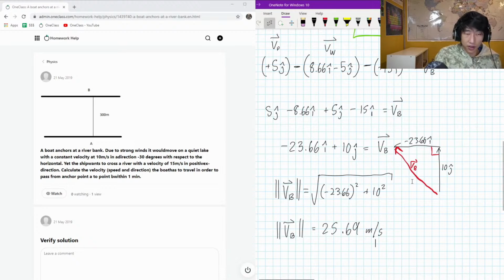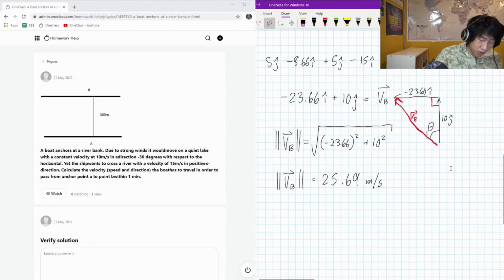Okay, but we also need to find the direction, and pretty much what that means is we need to find this angle right here. And so, another right angle situation, we just got to use tangent, right? We have the opposite and the adjacent. We know that our angle is the inverse tan of opposite over adjacent.